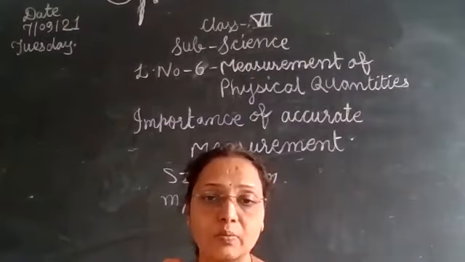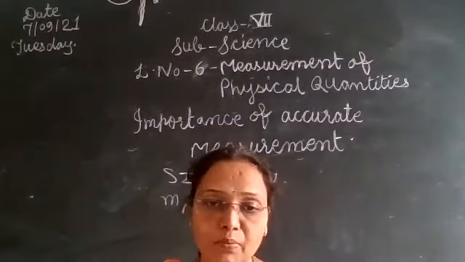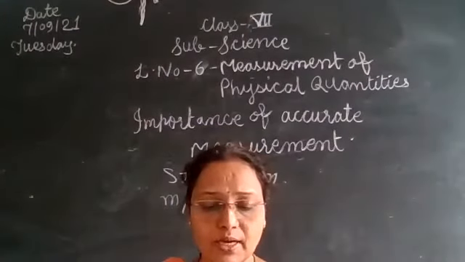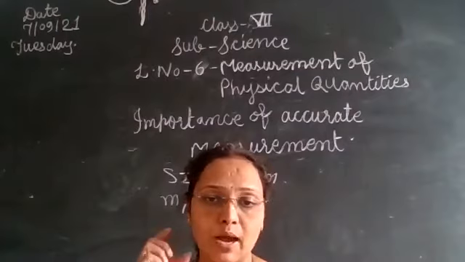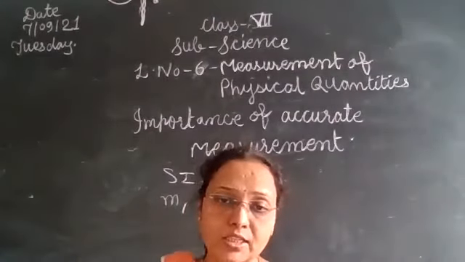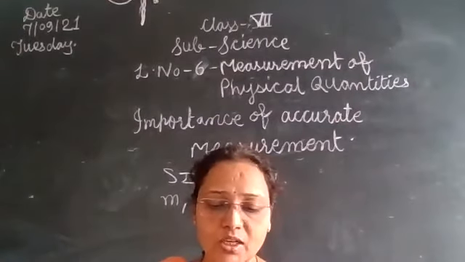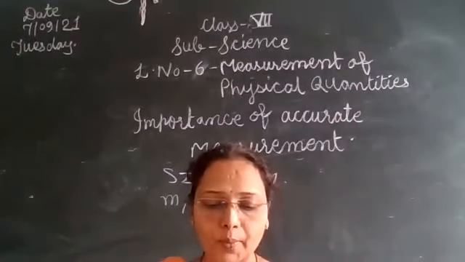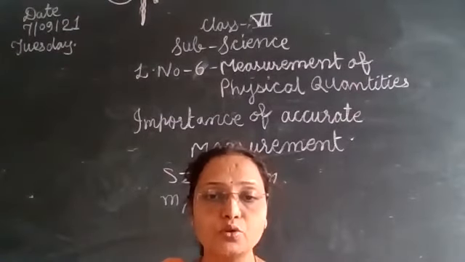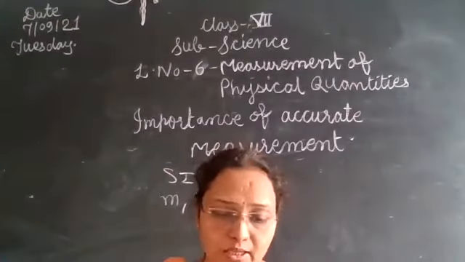The measurement should be correctly measured. Does the balance carry the stamp of standardization? The government puts a stamp on the weights, the standardization stamp by the Department of Weights and Measures. You should check before buying these things.